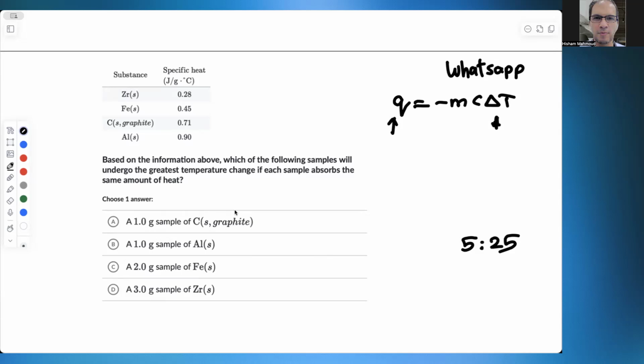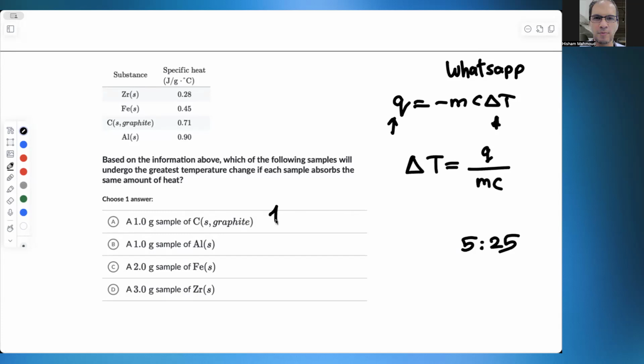I see Q is equal to MC delta T. The delta T that he is asking about is equal to what? What's delta T? Q over MC. I have the mass of each one and the C of each one, so I can calculate. So for graphite, for example, the first one, the sample is 1.